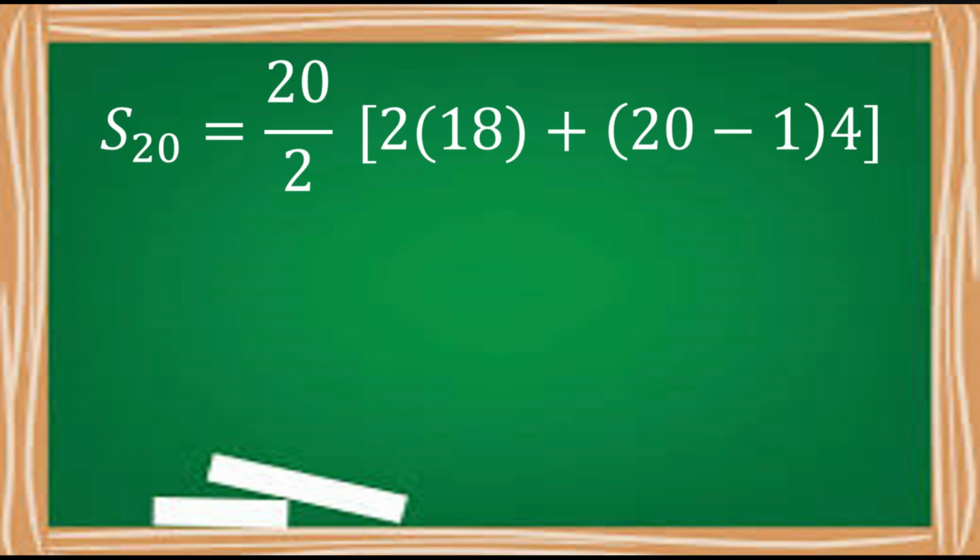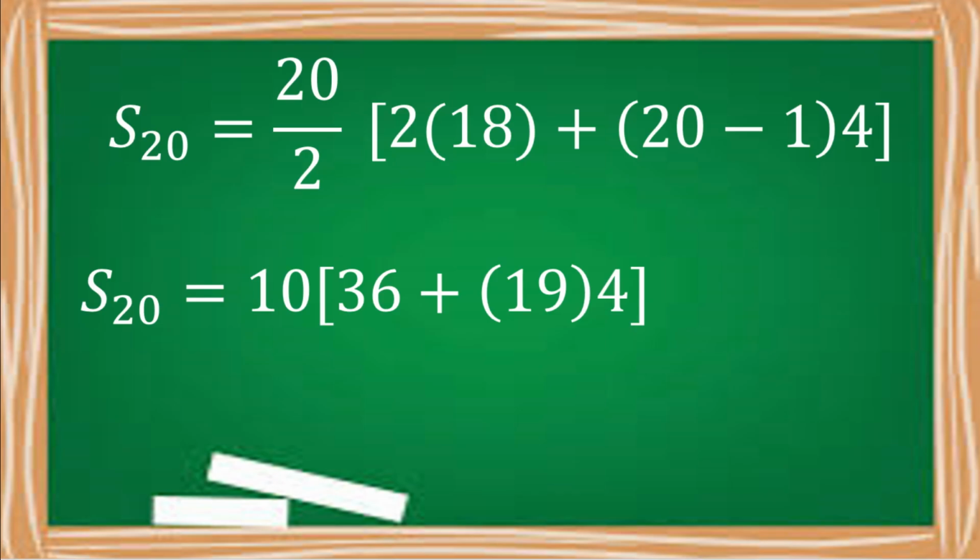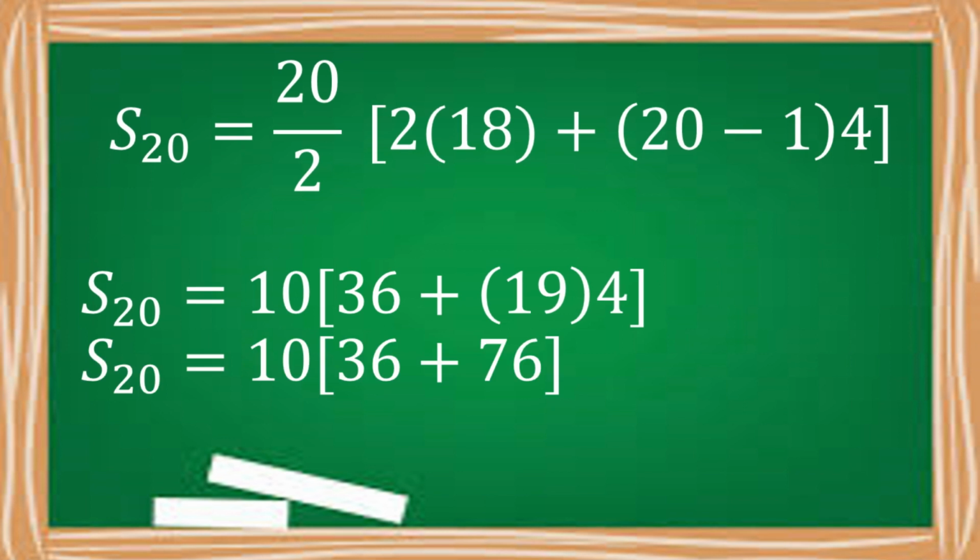So, you can simplify this one already. 20 divided by 2 is 10. Multiply 2 times 18 is 36. Plus 20 minus 1 is 19, times 4, we could have it as 10 multiplied to 36 plus 76.